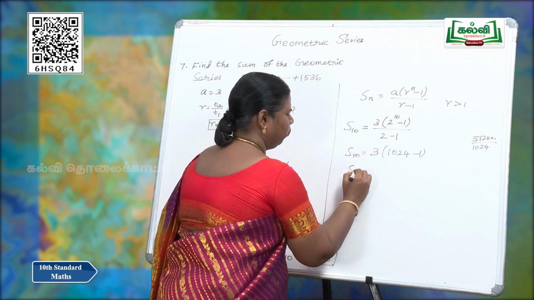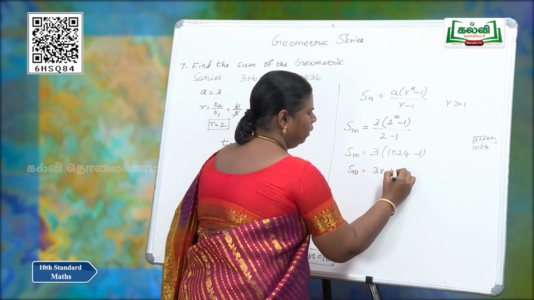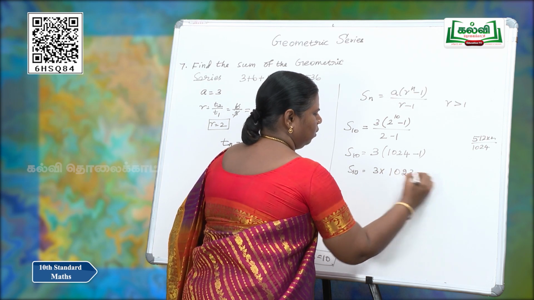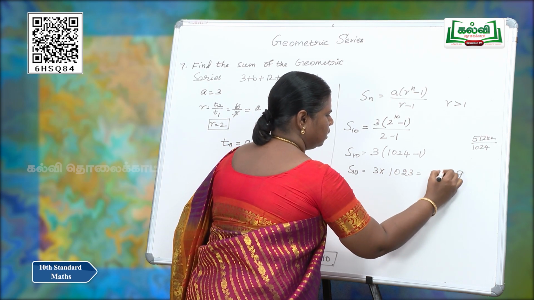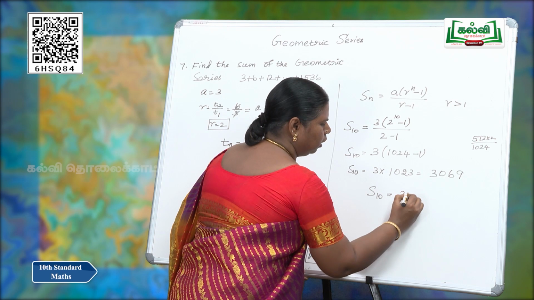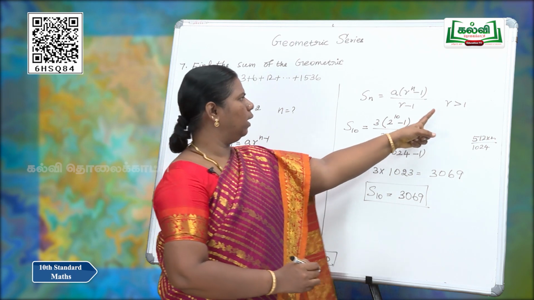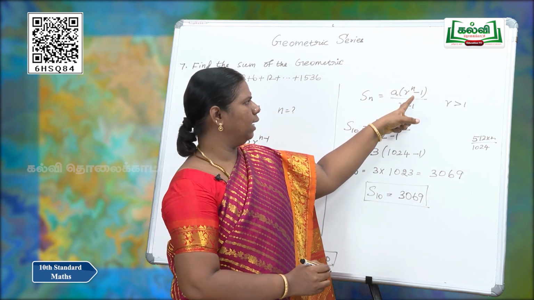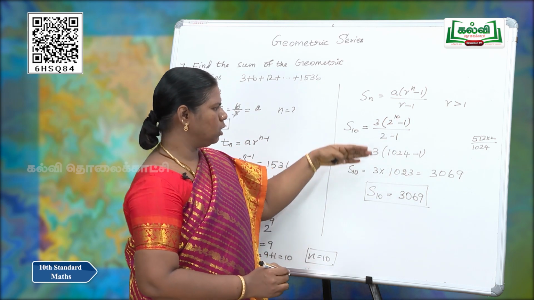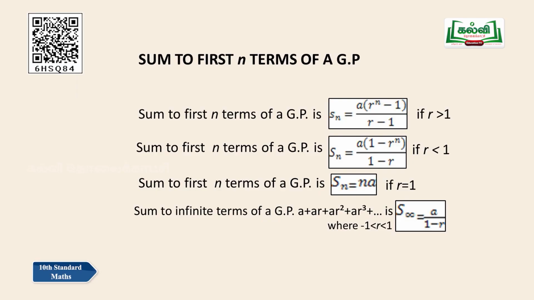S10 is equal to 3 into 1023. 3 3s are 9, 6, 0, 3. So, S10, the sum of the first n terms, is 3069. If r is greater than 1, Sn is equal to A into r power n minus 1 by r minus 1. On substituting, we get Sn is equal to 3069.